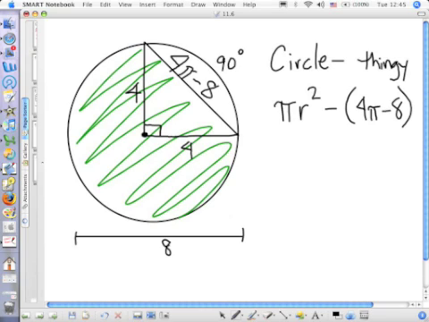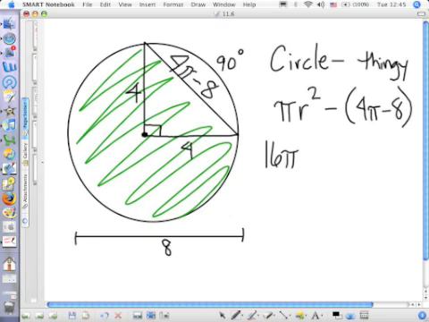What's the area of the whole circle? 16 pi. Now, why did I put 4 pi minus 8 in parentheses? Because you have to show the negative, so it'll be 4 pi plus 8. Exactly.